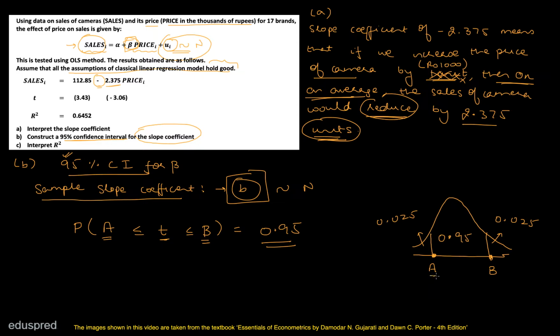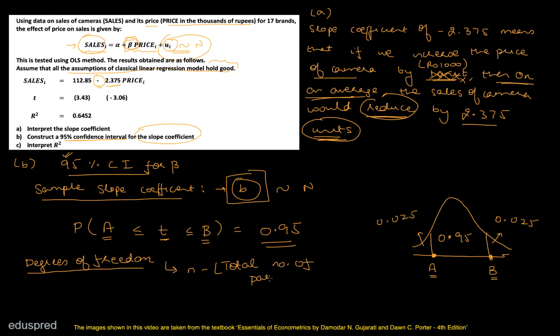Now I can easily figure out the value of A and B from the T table. But before I show you the T table, I want to discuss the degrees of freedom that we will have in this case, because that's something that you need to know if you want to take a look at the T table. So the degrees of freedom that the T statistic will have is equal to n minus the total number of parameters that you have to estimate.